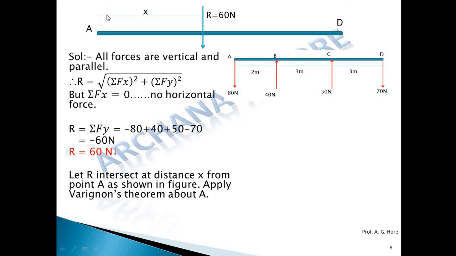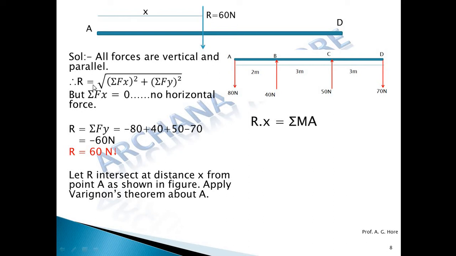Now this is the x distance, the perpendicular distance of the resultant from point A, because we are applying Varignon's theorem about point A. Now R is rotating like this.